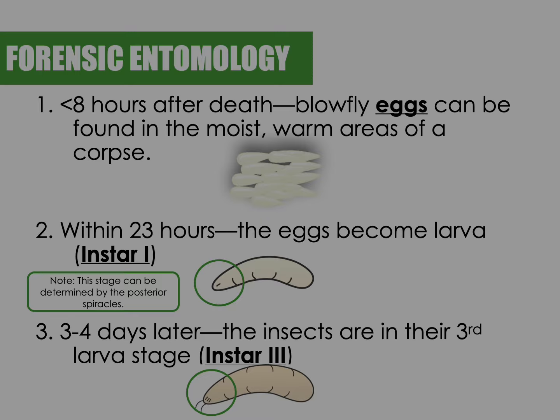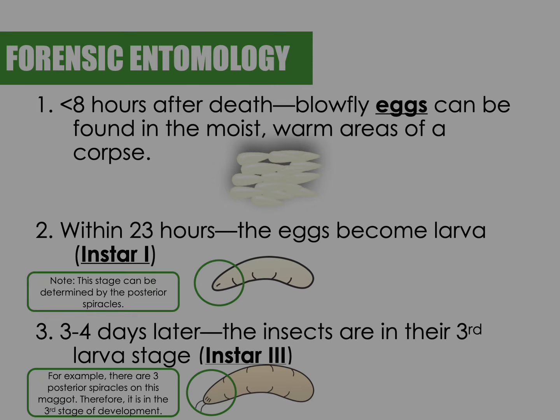In instar 1, there's just one spiracle, and in instar 3, there are 3 spiracles. You can see there's one little spiracle, one little line here, and then there's 3 little spiracles at instar 3. The spiracles are also breathing holes. There's 1 spiracle in its first stage, and 3 spiracles in its third stage.